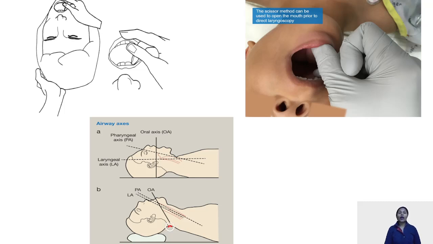I repeat, you have flexion at the lower cervical joints and extension at the atlanto-occipital joint.